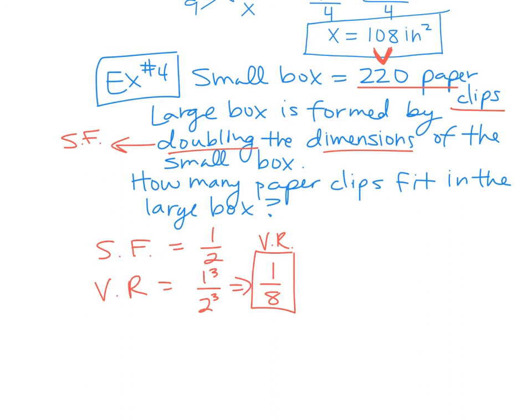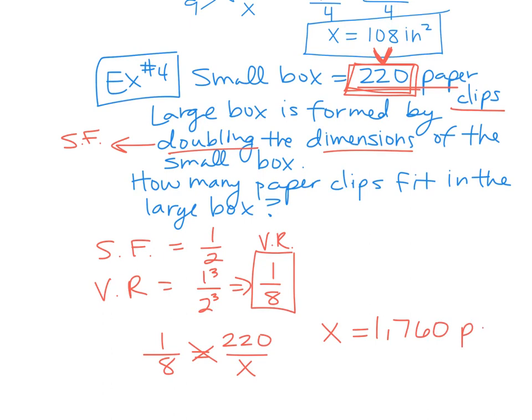We know the volume of the smaller one is 220. So 1/8 equals, where does the 220 go? On the top, across from the smaller of the two, because this is the small box. So 220 here, x here, and then you cross multiply. So x equals 1,760 paper clips.